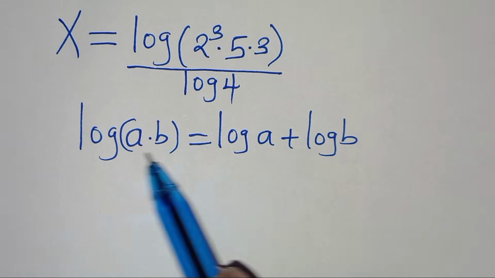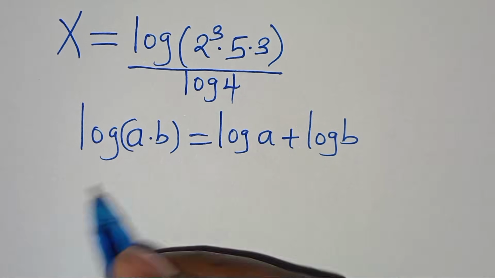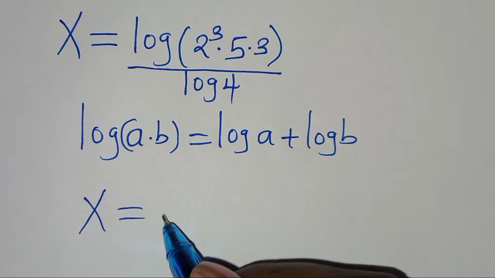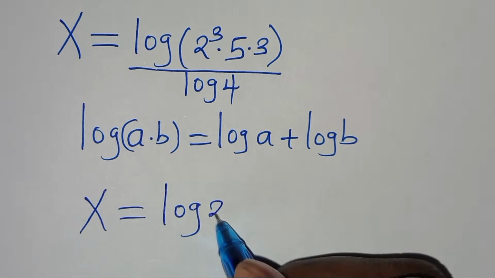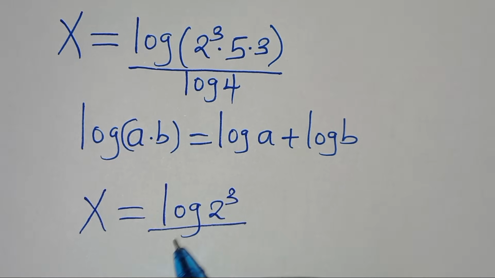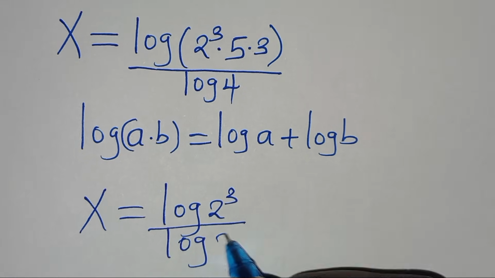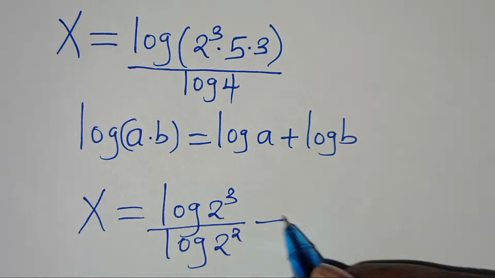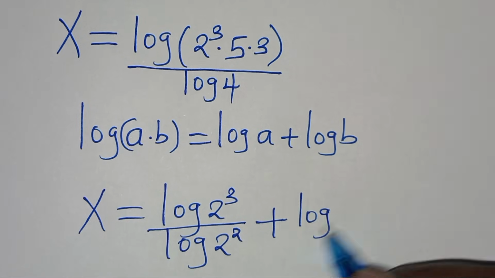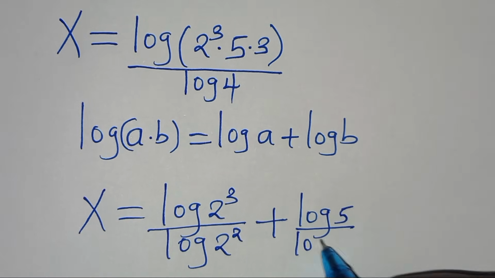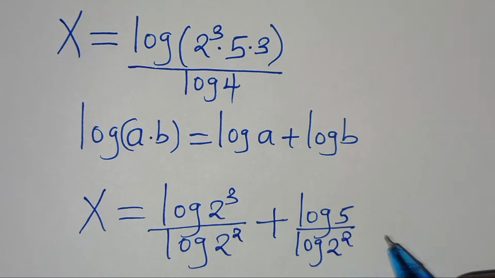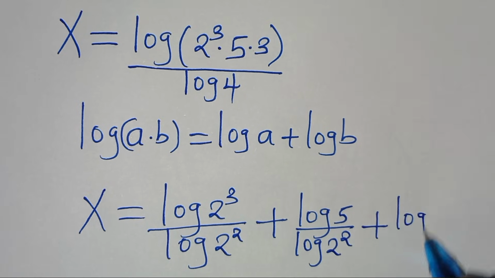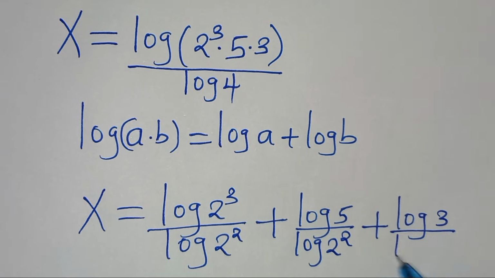Now, applying this logarithm property, here we have x equal to log 2 to the power of 3 divided by log 2 to the power of 2, then plus log 5 divided by log 2 to the power of 2, then plus log 3 divided by log 2 to the power of 2.